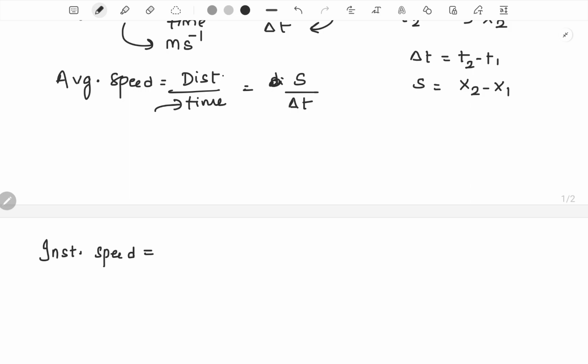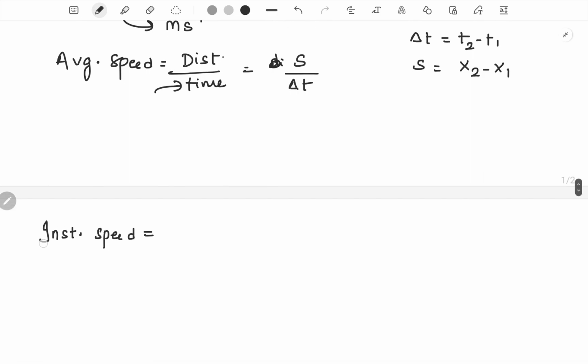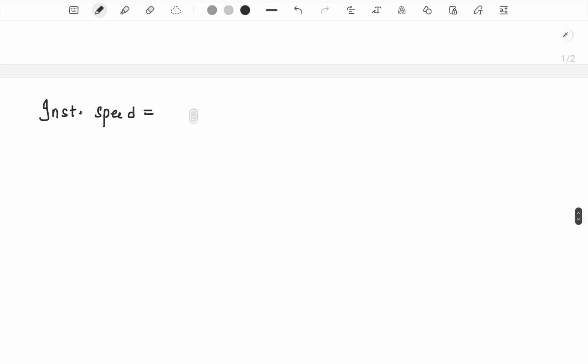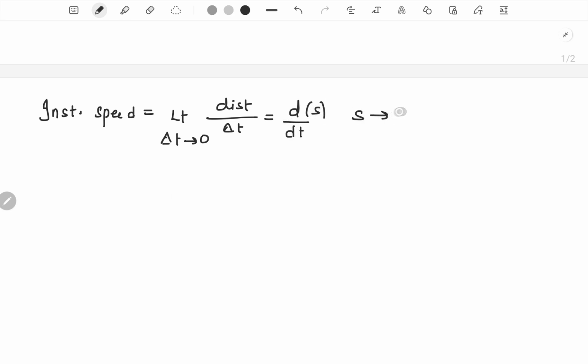When this time interval is taken to be very small, infinitesimally small, the average speed becomes instantaneous speed, or we can also write it as d by dt of s, where s stands for distance traveled.